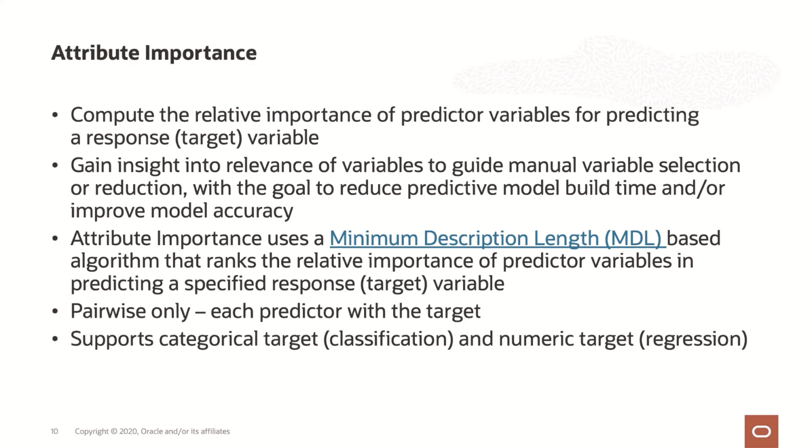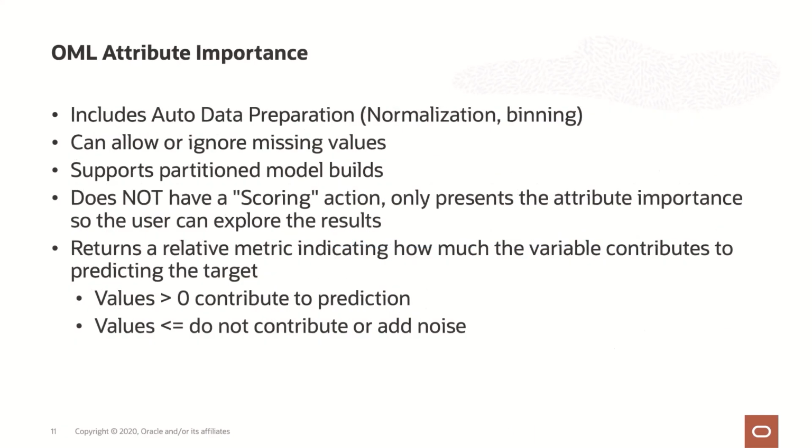Now, the idea with this is it supports both categorical and numerical targets, so it can work very well on both. For us, in Oracle Machine Learning, it also includes auto data preparation, so normalization and binning are there. You can allow or ignore missing values. You can support the partition model build. So there are a lot of things there.